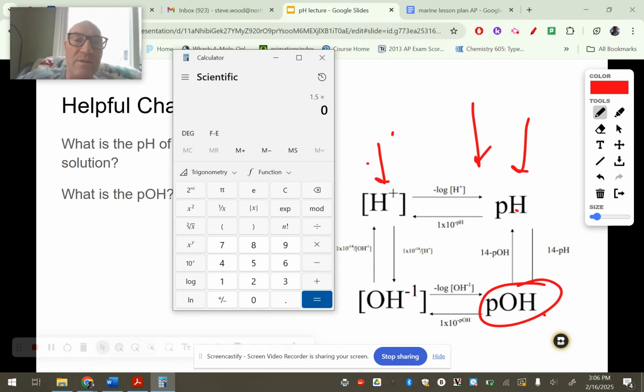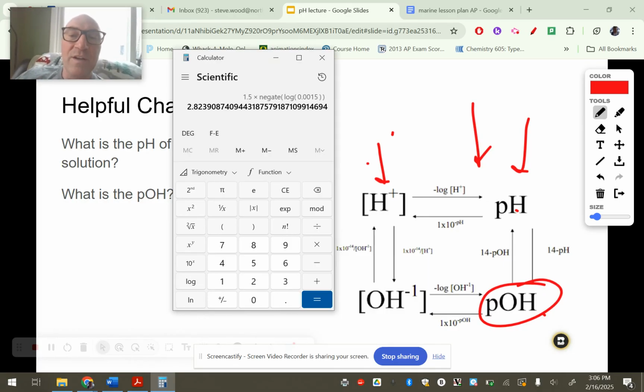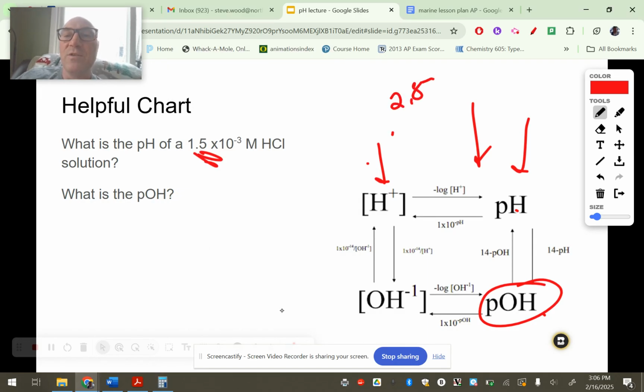So 1.5 times 10 to the negative third. I'm just going to type it in normal notation because it's easier: 0.0015. Then we negative log that. It's on your calculator, just type in negative log of that number and it should work. And what I get is 2.82. So 2.82 is my pH.